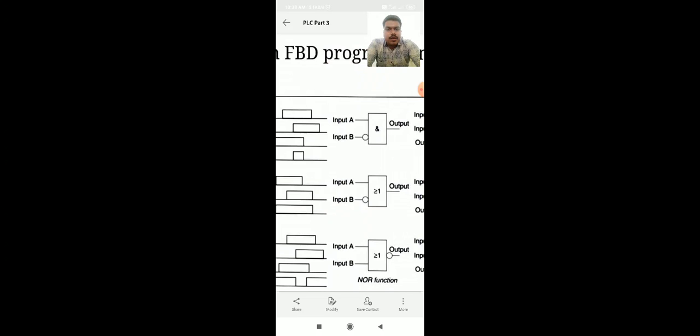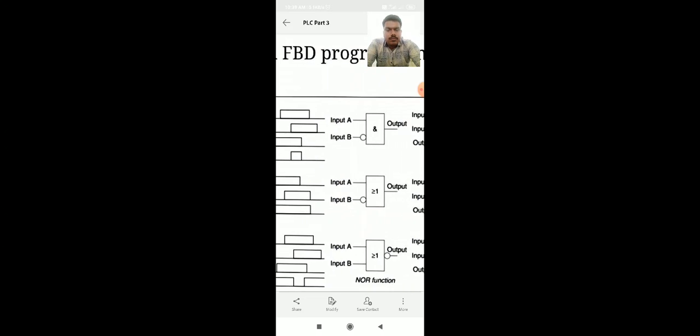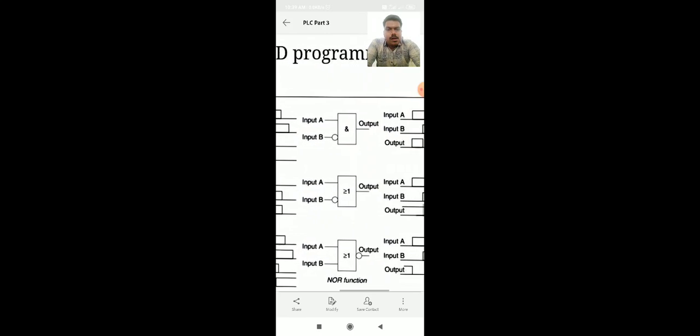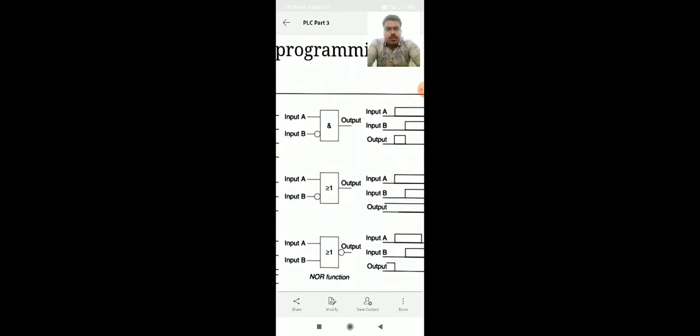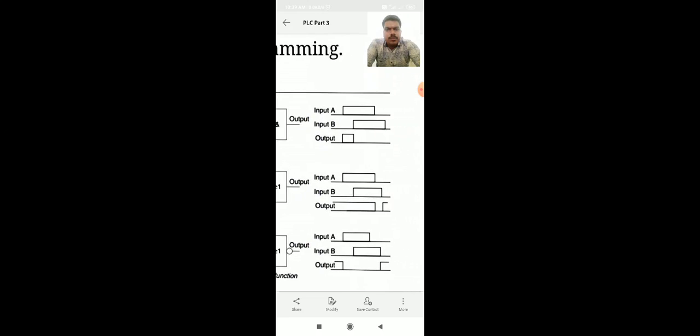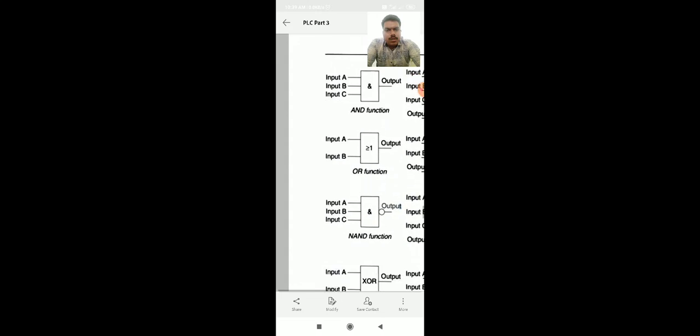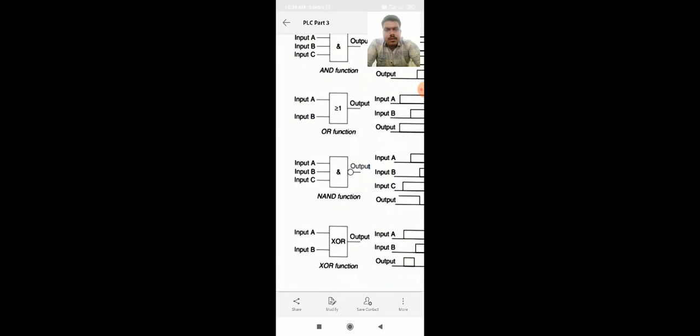Input A is given like this, input B, input C is shown like this, and the output we will get is the combination of these three. Then the AND function is there, so we have to multiply this. A and B are taken thus. If A and B are the input, then the output will be: A's pulse is shown like this, B's pulse is shown like this, and the output of the OR function, 1 or 0, positive or negative.